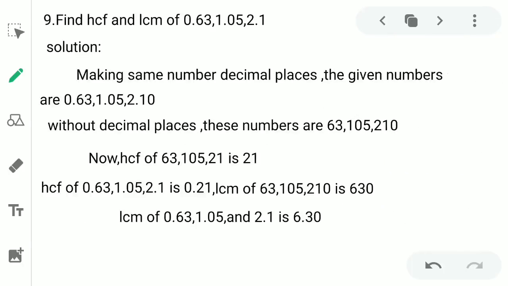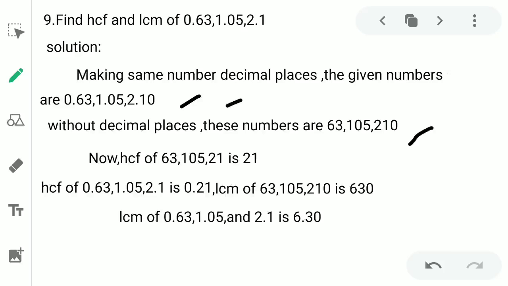Moving to the 9th question, find the HCF and LCM of 0.63, 1.05, 2.1. Here comes the solution. Making the same number of decimal places, the given numbers are 0.63, 1.05, 2.10. Without decimal places, these numbers are 63, 105, 210. Actually, we multiplied by 100 to get these.